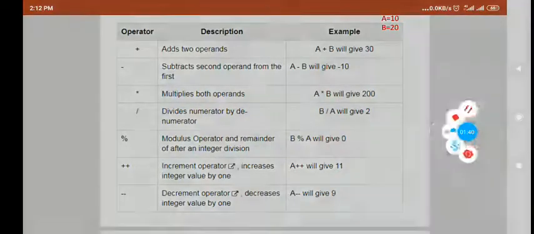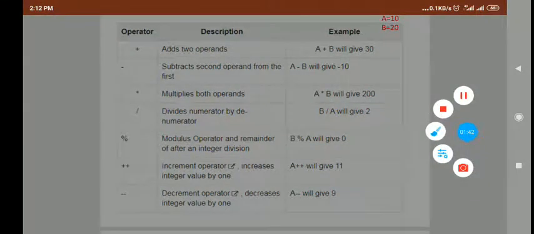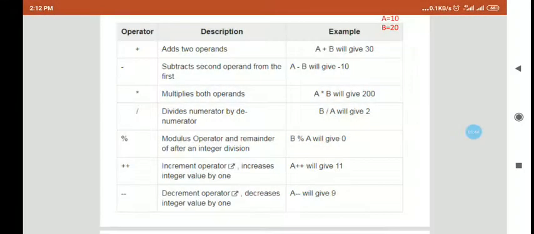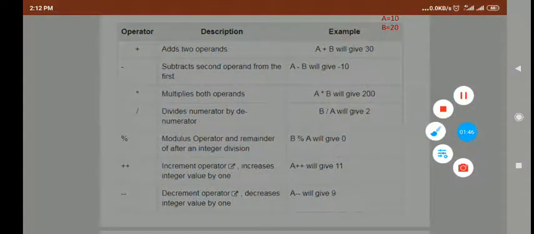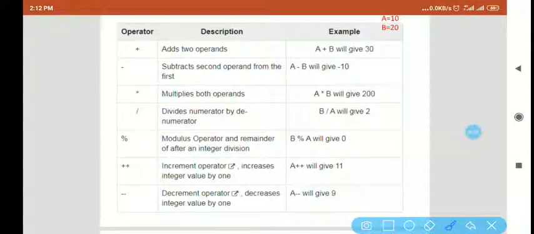As we know, plus plus adds 1, and minus minus subtracts 1, so it decrements the value by 1. Initially the value of a is 10, then after this the value stored in a is 9.